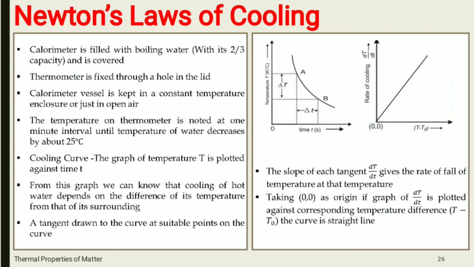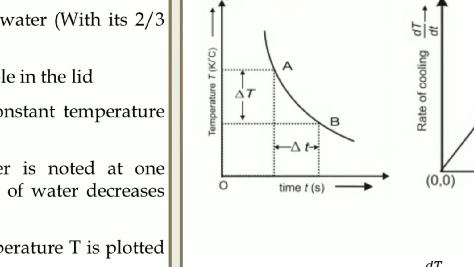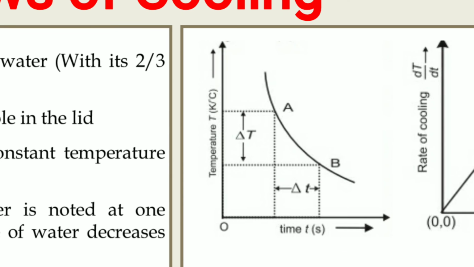Then, the cooling curve. What is a cooling curve? The graph of temperature T plotted against time t. You can see this is the cooling curve. With respect to time, we have to draw a graph of temperature versus time.